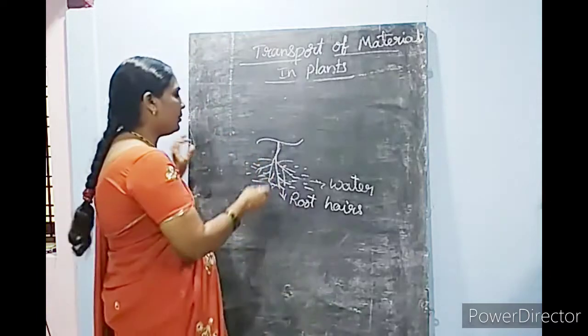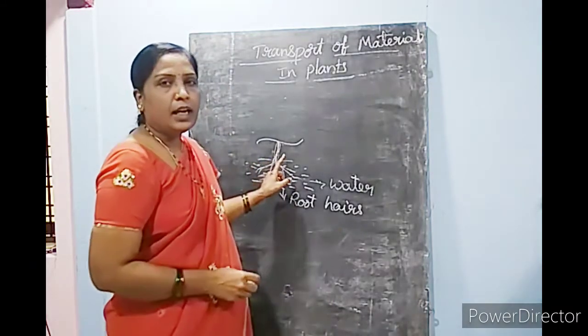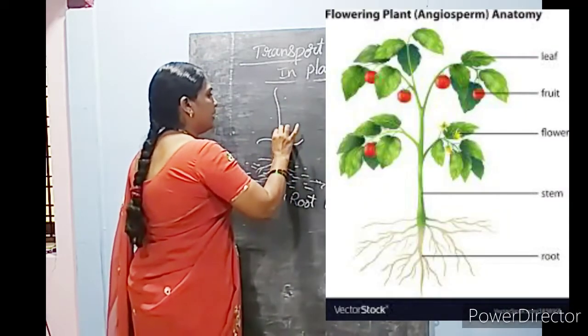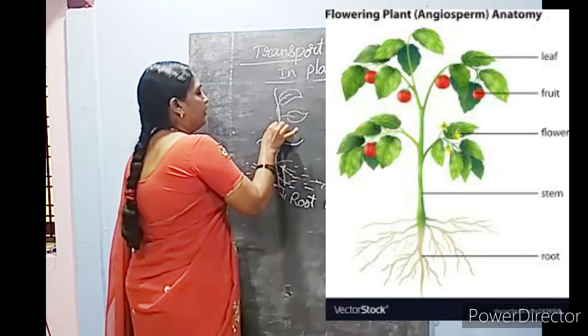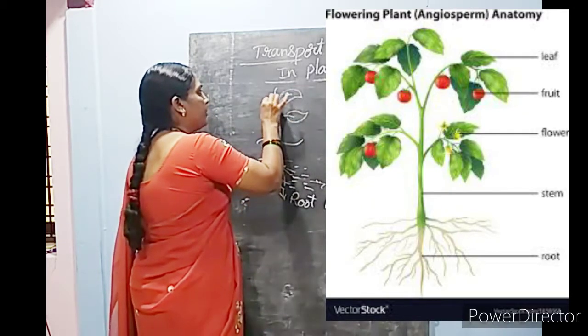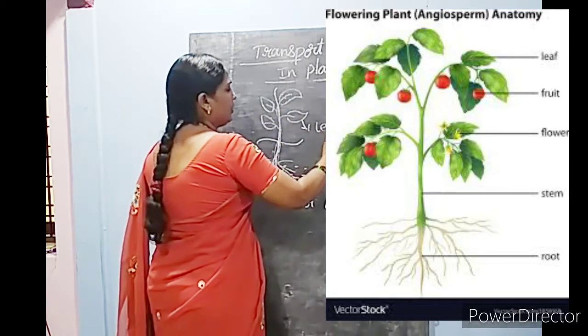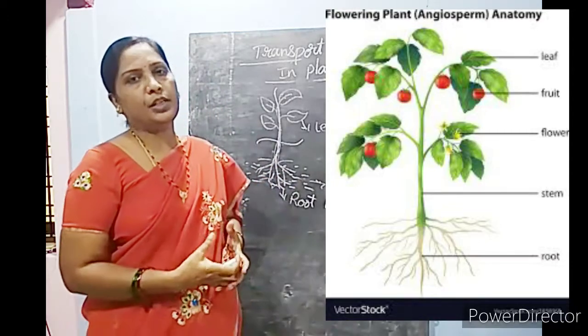After absorbing, the water reaches the root, and from the root it has to be transported. You all know very well where the food gets prepared in a plant. In leaves, right? To prepare food, they compulsorily need water.